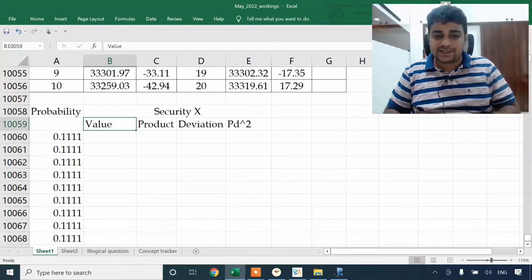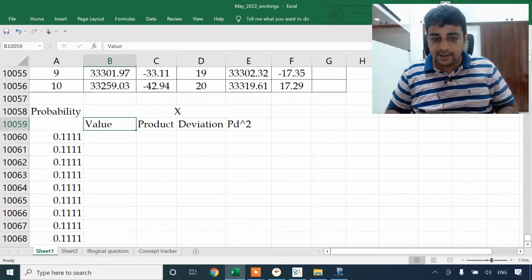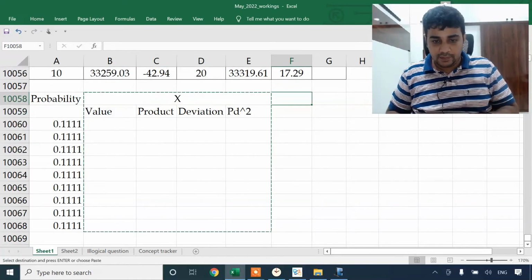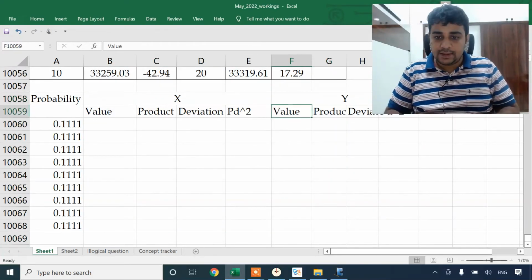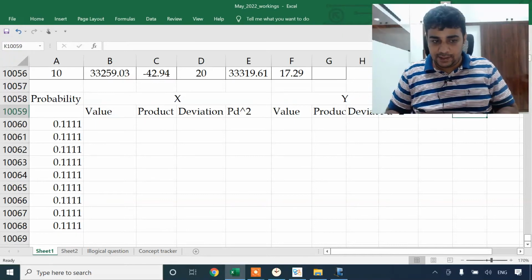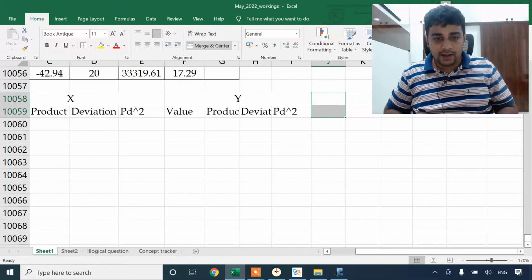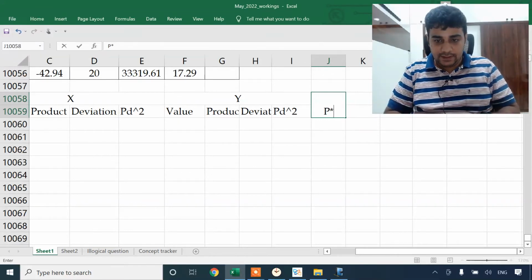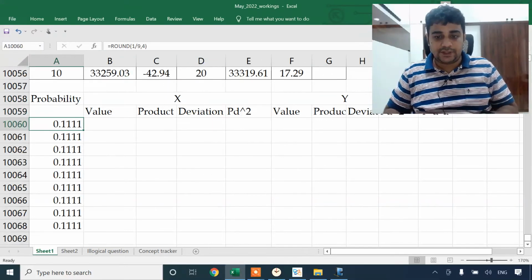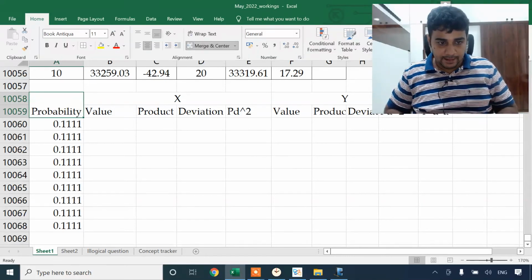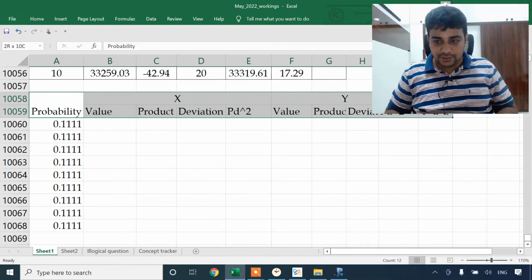We used to call it security x, security y. So x return, product deviation, PD square; y return, product deviation, PD square; and probability into deviation into deviation.